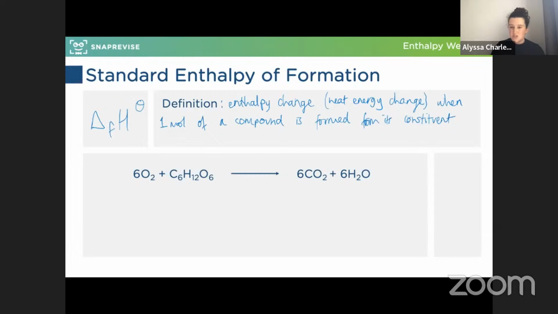You don't have to say constituent because it's assumed, but I like to say it. Constituent elements in their standard states is just the extra bit we need to put on the end. Standard states under standard conditions.